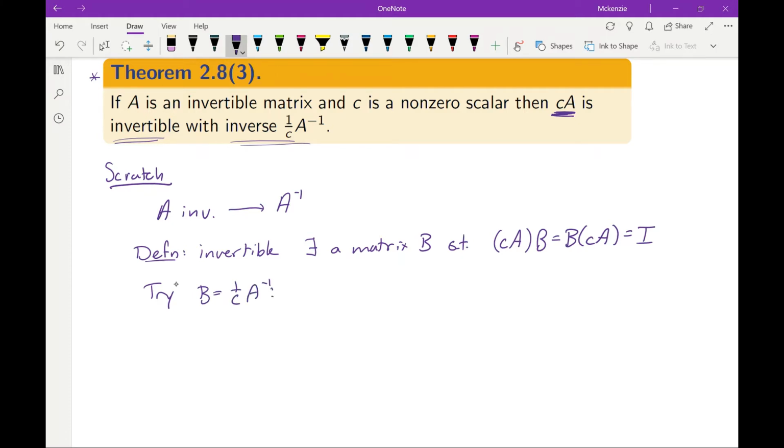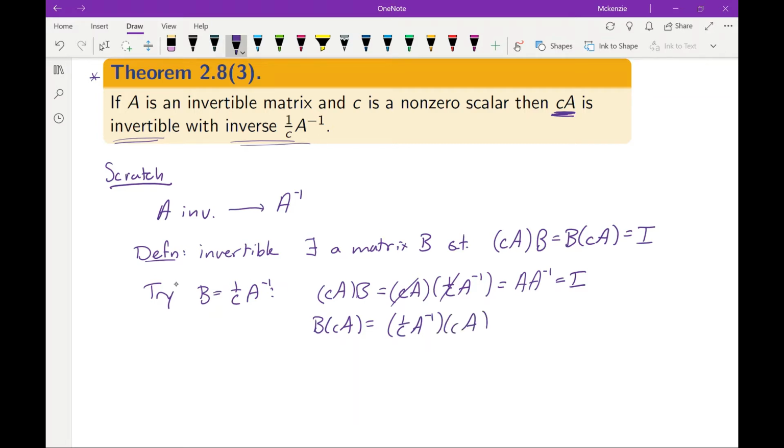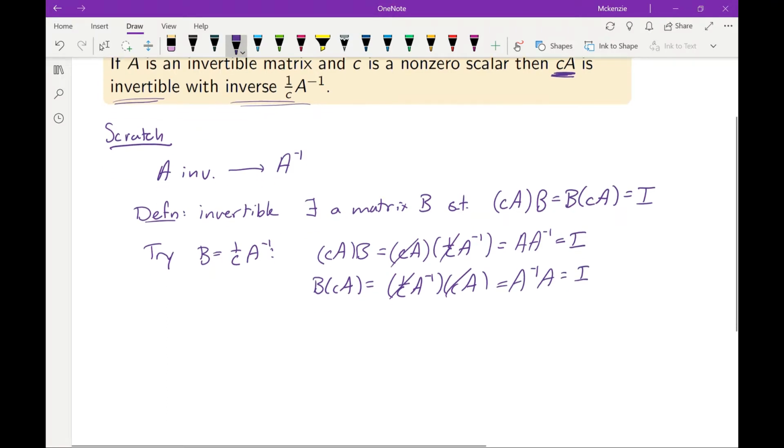Then CA times B equals CA times 1 over C A inverse, which is, well, the C and the 1 over C cancel, and the A and the A inverse cancel to I. And similarly, B times CA equals 1 over C A inverse times CA equals A inverse A equals I. So everything does indeed work out.